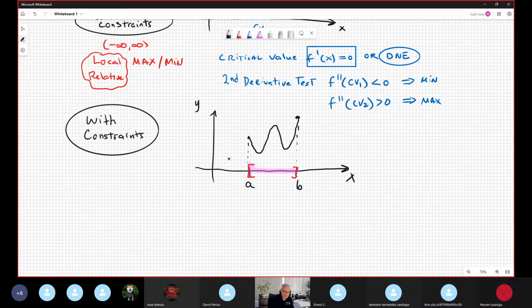Okay. Now, likewise, you need to remember one theorem that is called the extreme value theorem.